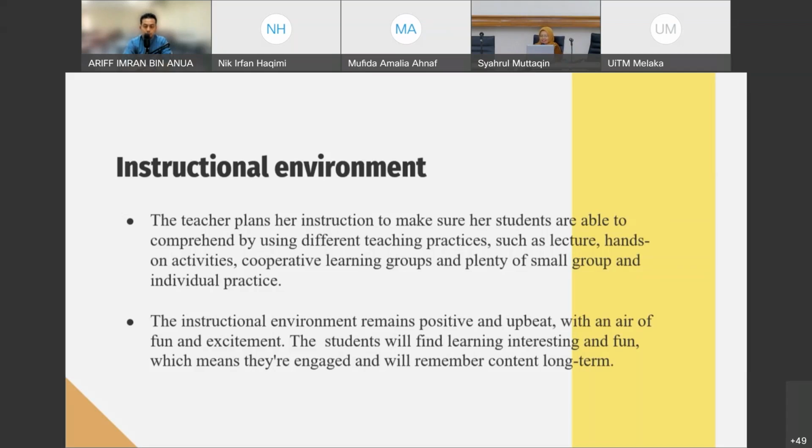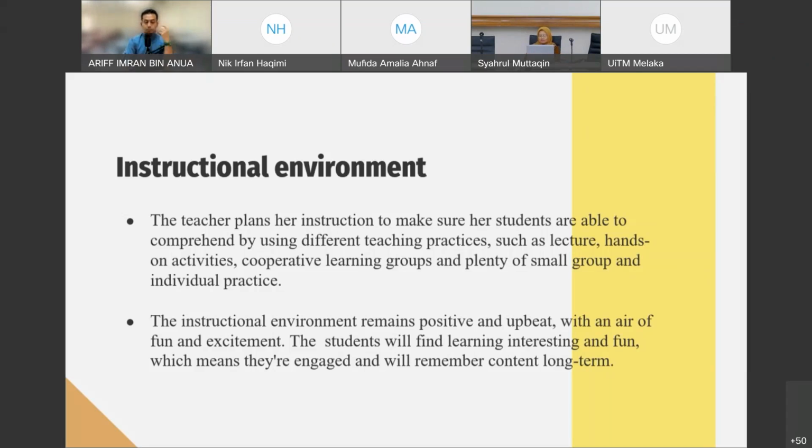We can see it. The teacher plans their instruction to make sure the students are able to comprehend by using different teaching practices, right? Such as lecture, hands-on activities, cooperative learning groups, and plenty of small group and individual practices.